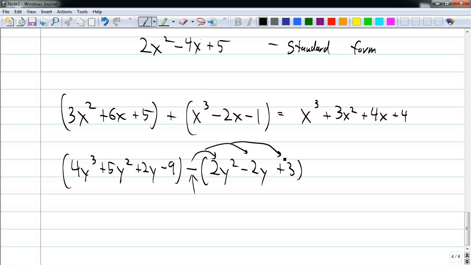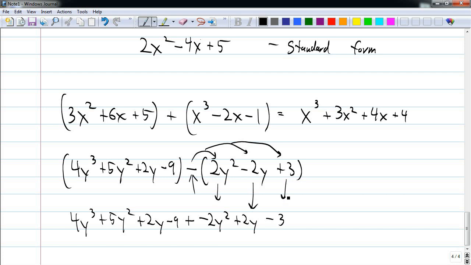So everybody in this second polynomial has a sign flip applied to it. So instead of this, I write it as 4y to the third plus 5y squared plus 2y minus 9 plus negative 2y squared, sign flip, positive 2y, sign flip, and negative 3. Once again, sign flip.